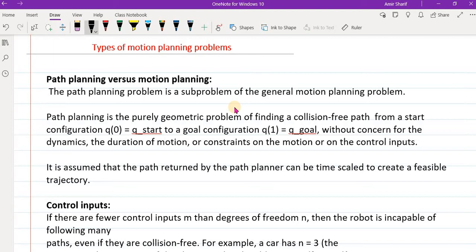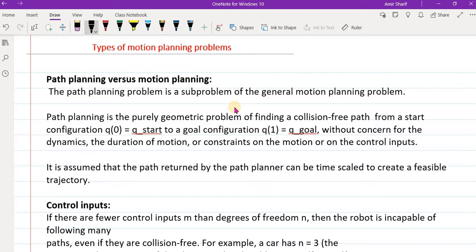Like in the previous lecture, we talked about the kinematics of the robot, forward and inverse kinematics, and similarly we can also derive the equations of dynamics, in which we have to deal with the forces and torques acting on the robot using Newton's method.